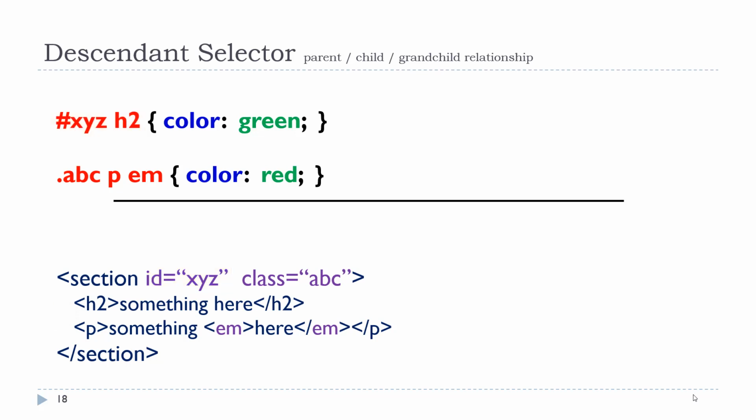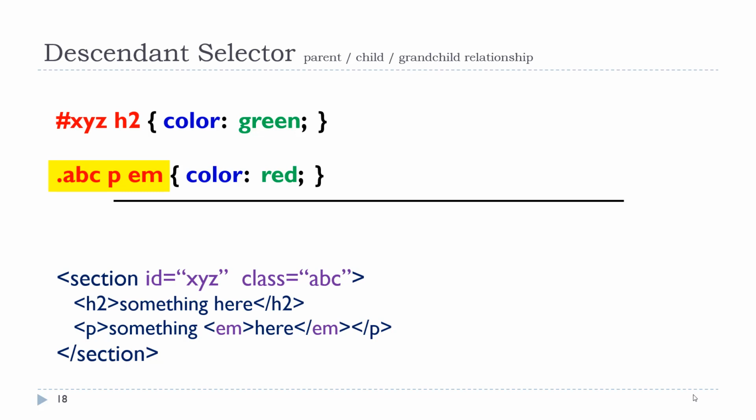Let's take a look at the next selector. .abc space P space EM. Again, we read from right to left. This says, apply the style to the EM that is a descendant of P that is a descendant of the class ABC.